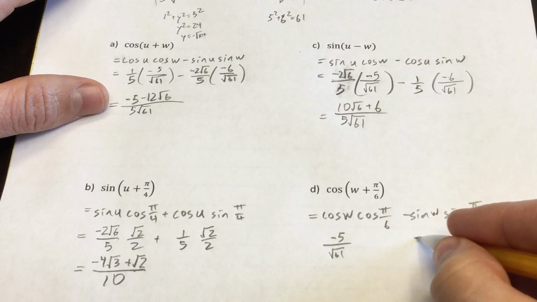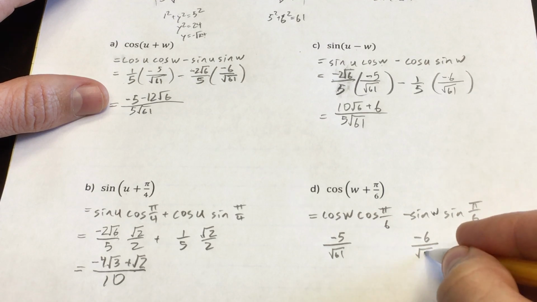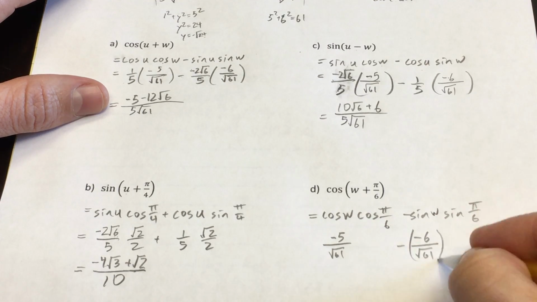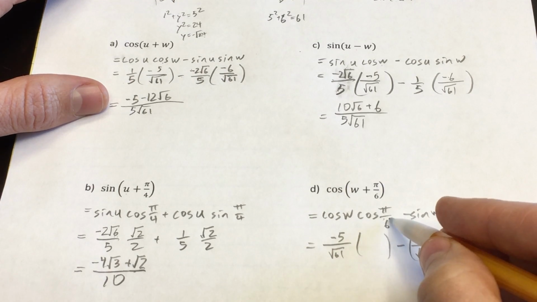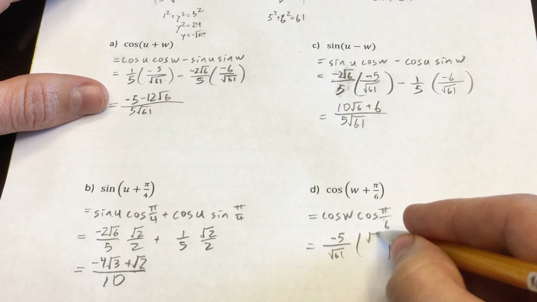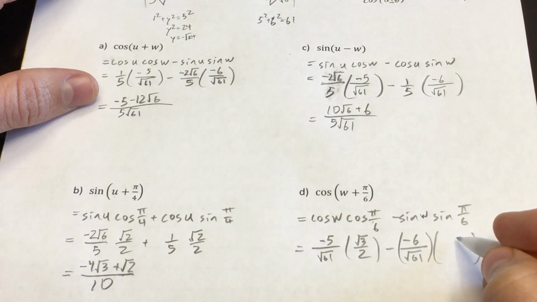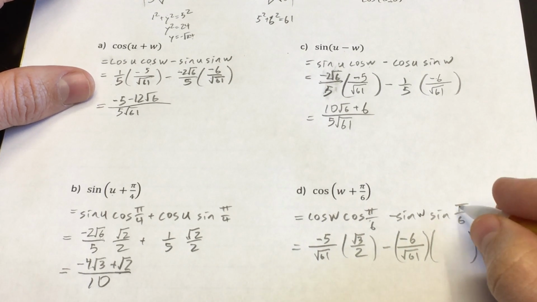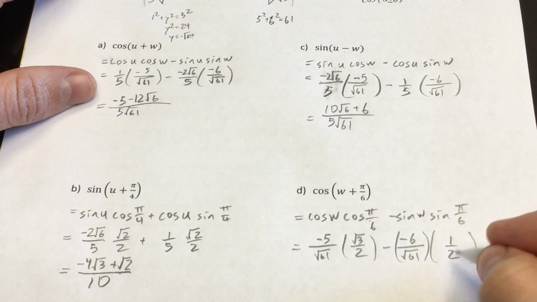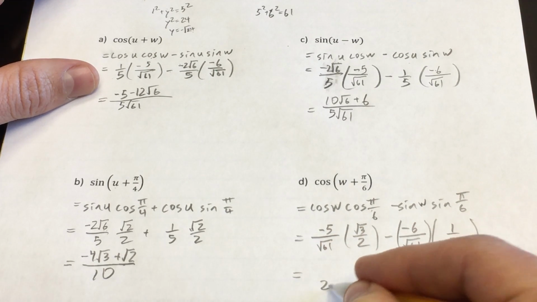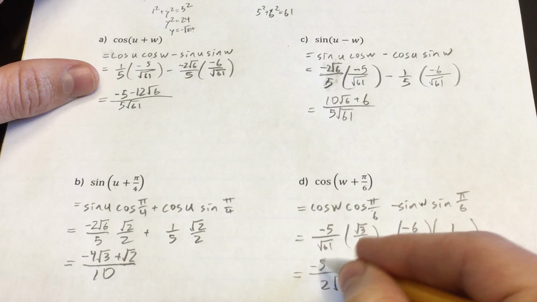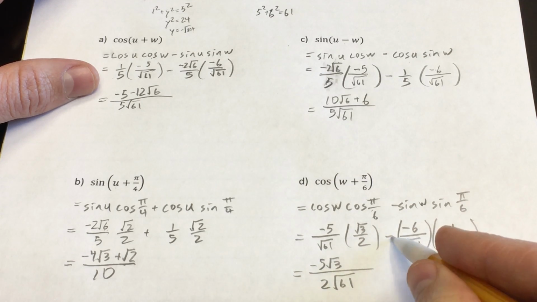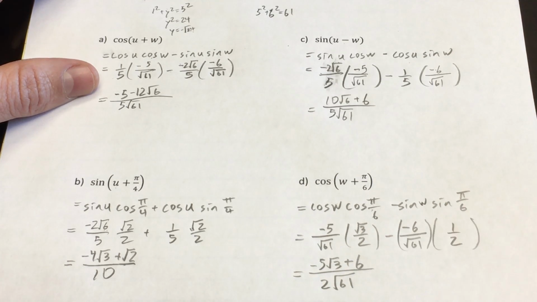The sine is the negative 6 over root 61. Got to remember that minus sign also. Cosine of pi sixth is root 3 over 2. Sine of pi sixth is 1/2. So I have 2 root 61 in the denominator, negative 5 root 3, and here plus 6. There you have it.